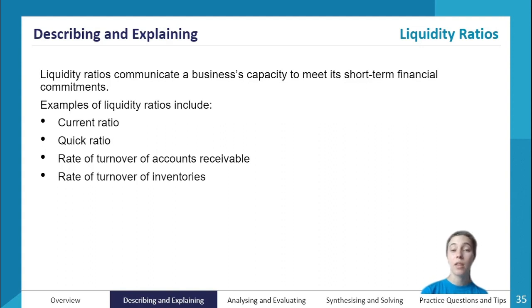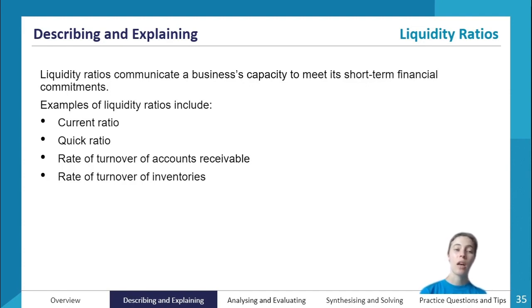Next up would be cash at bank. You've got money in a bank account that you could use. Something that's less liquid is accounts receivable, because you're relying on other people to pay you back before you then get that money in order to pay your own financial commitments.